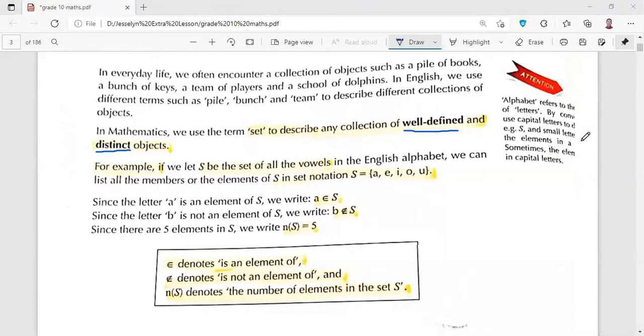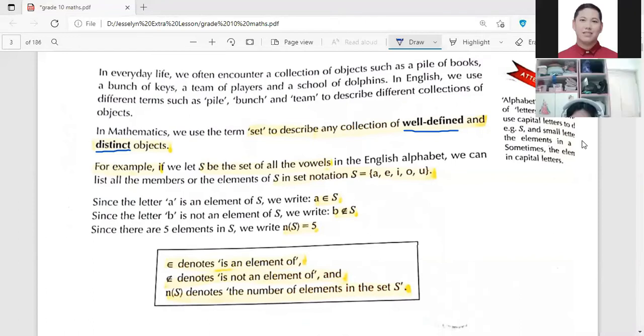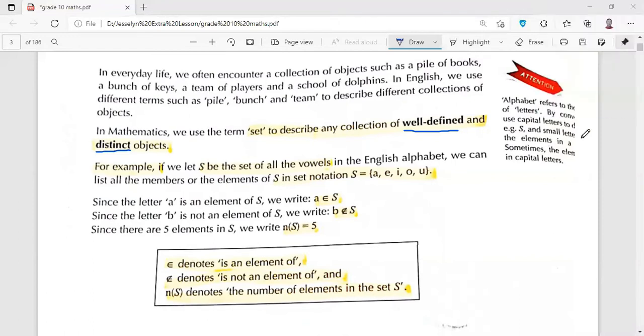Since the letter A is an element of the set S, we write A is an element of S. This symbol here is the symbol for element.